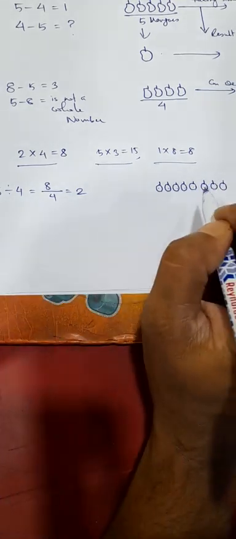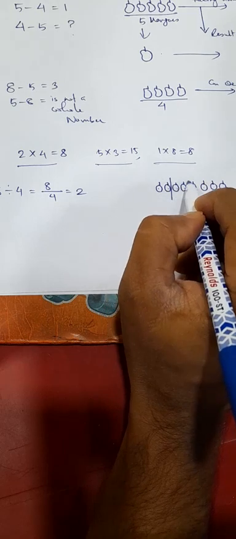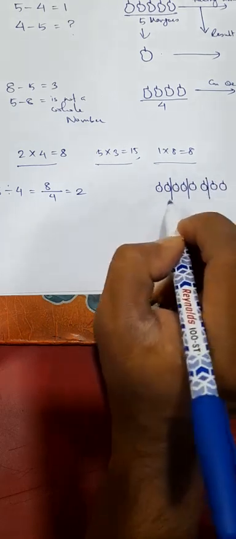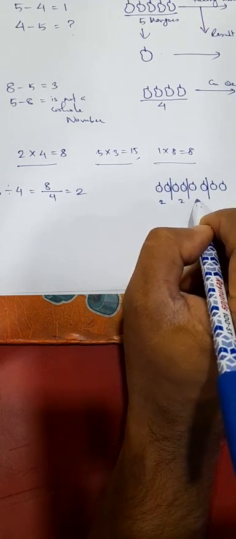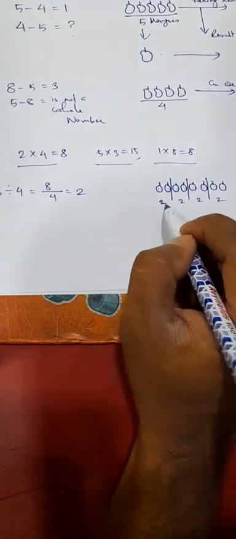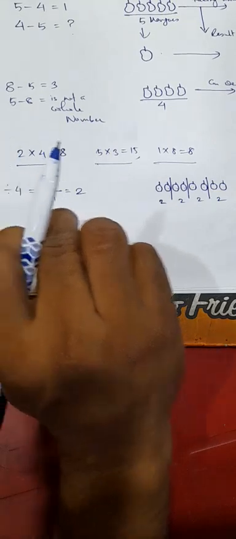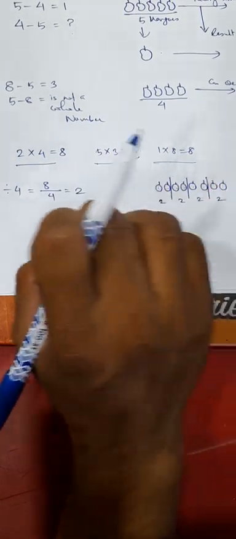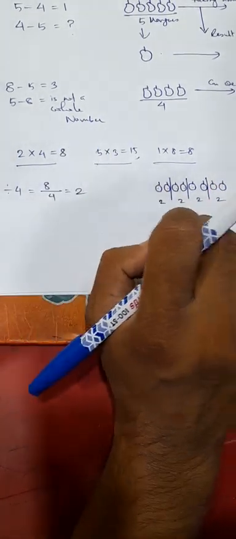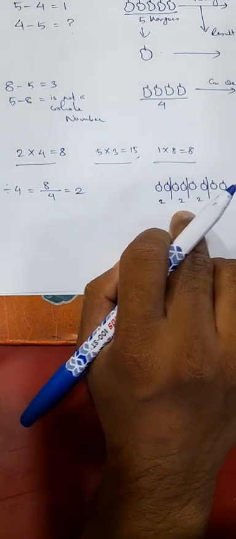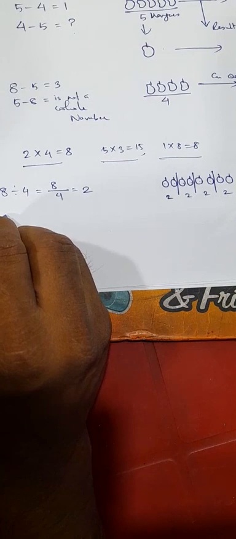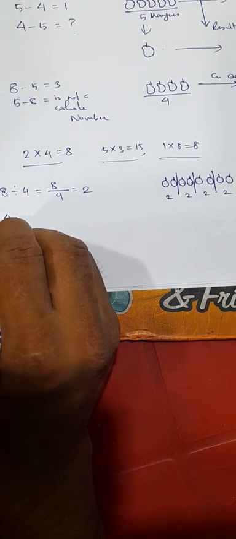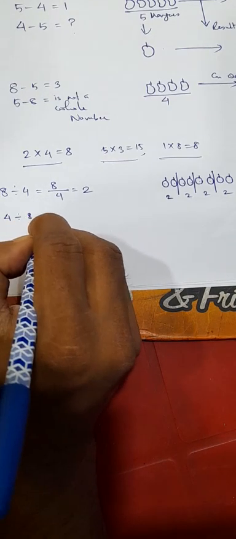Now you divide them into 4 equal parts. Each part will contain 2 apples, right? 2 is a whole number. Now you divide 4 apples into 8 equal parts.